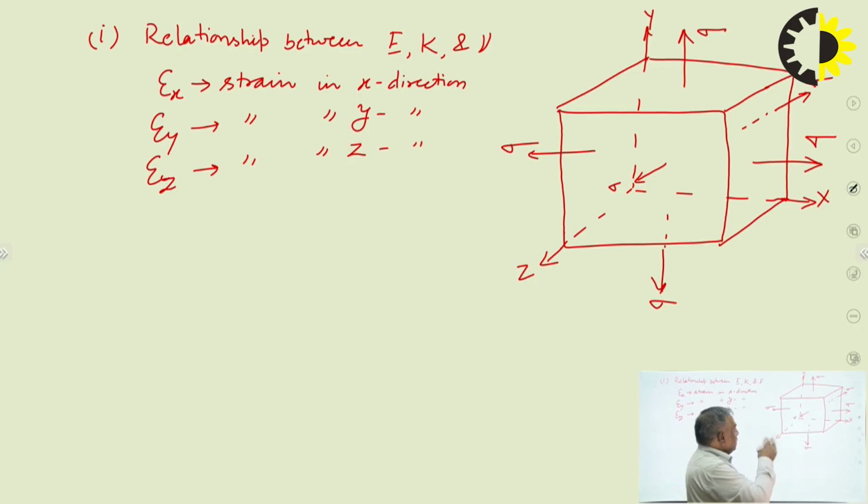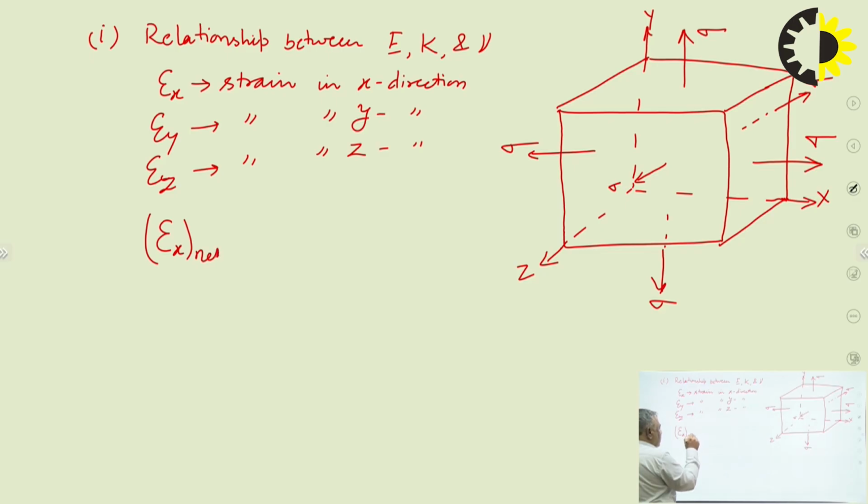If these three are acting simultaneously, then the Poisson ratio plays its role in affecting the net strain in the x and y directions. So the net strain in the x direction is epsilon x minus nu times epsilon y minus nu times epsilon z.